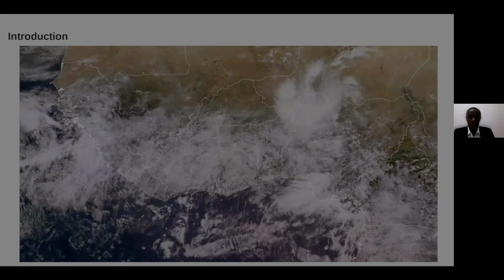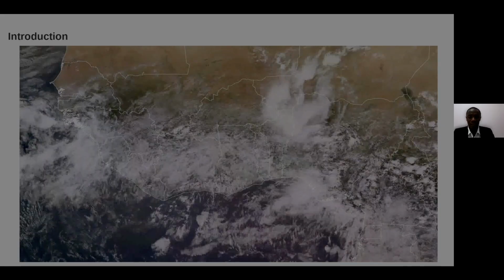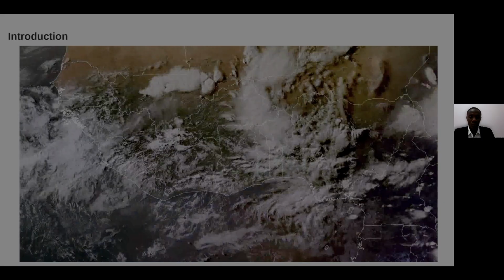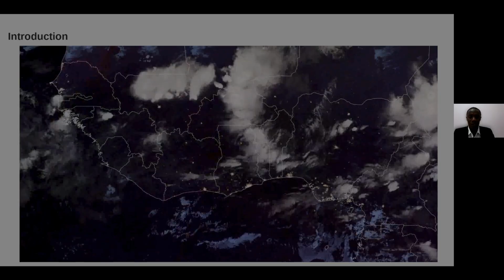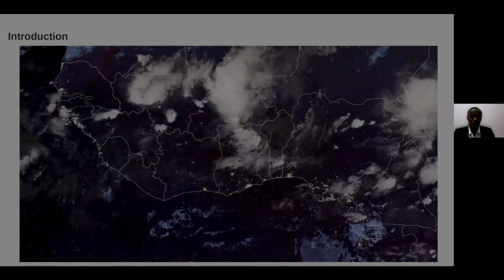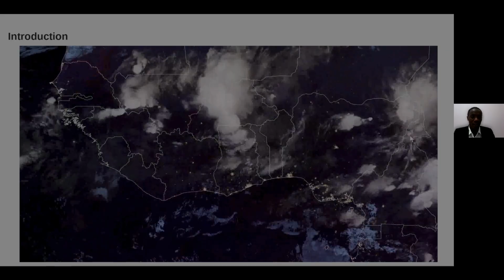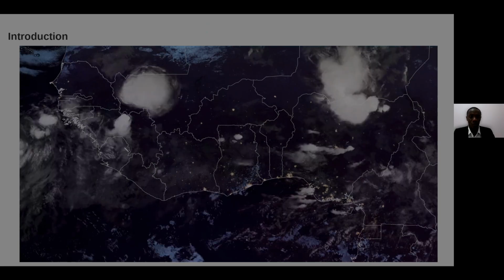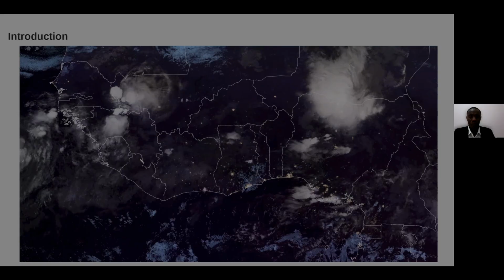Now we just saw the night, and now we are seeing the daytime movement of the cloud. We see the white pixels, which represent the precipitation-carrying clouds, moving from East Africa towards West Africa.